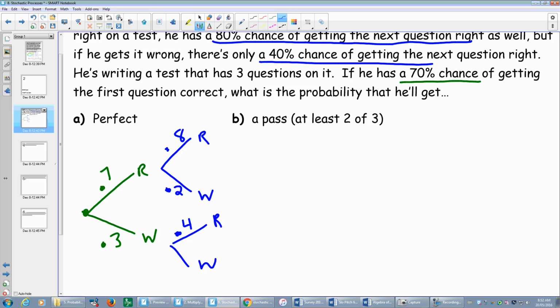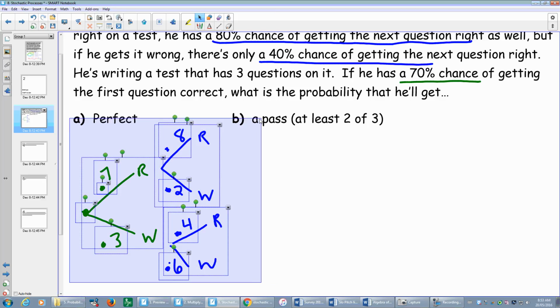What is it? 0.6. Are we okay with this right now? Okay, now I have to go to my third round.